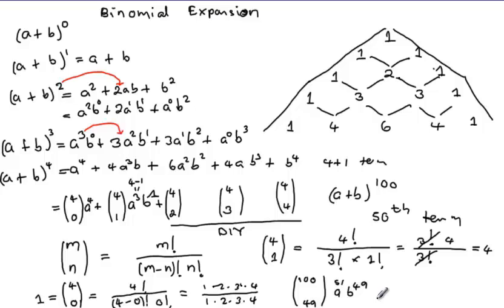That will be the 50th term. So if I'm being asked for a coefficient, I will only work with this. If I'm going to the term, I'm going to work with both. So now what I've got to do, I'm going to do 100 factorial divided by 100 minus 49, which is 51 factorial, multiplied by 49 factorial.